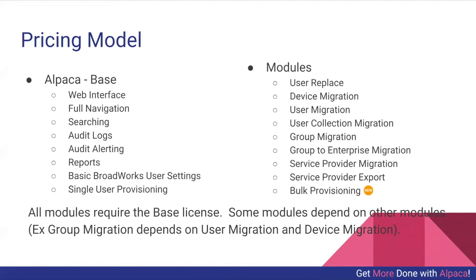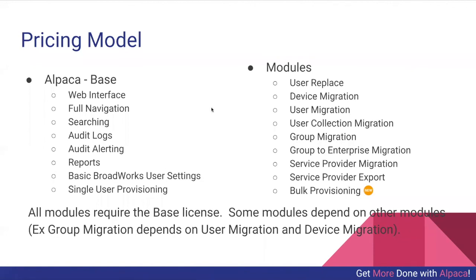Now, that is not bulk provisioning. Bulk provisioning is a different animal, but the ability to provision individual users via the web interface is included in Alpaca base. Now, there are the modules on the right, and these modules are additive to Alpaca base.